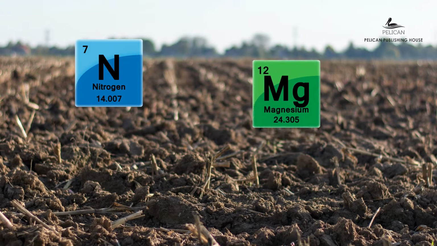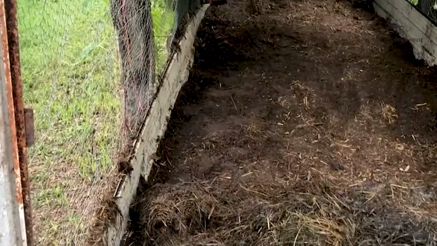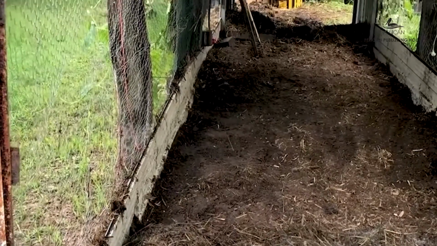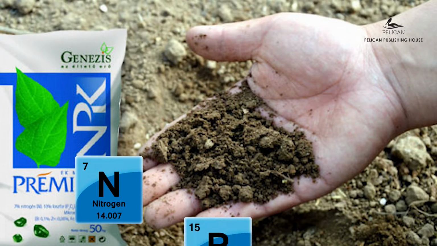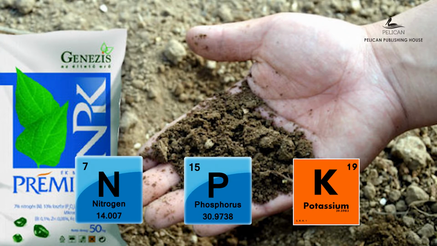Fertile soil provides the plant with more minerals that they may require. Did you know that farmers use fertilizers to restore the soil fertility? The most common fertilizer used is NPK, where N stands for nitrogen, P phosphorus, and K potassium.